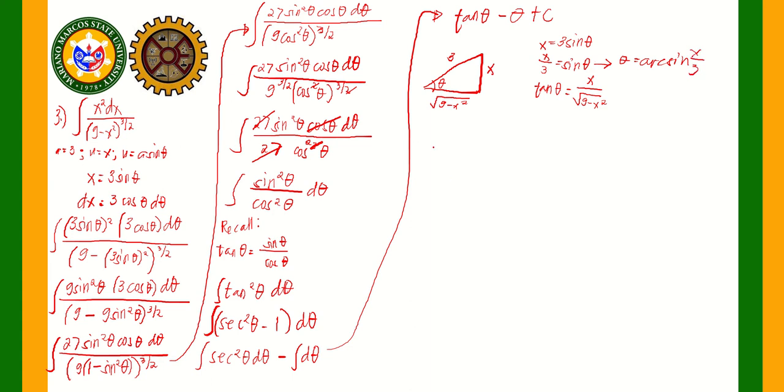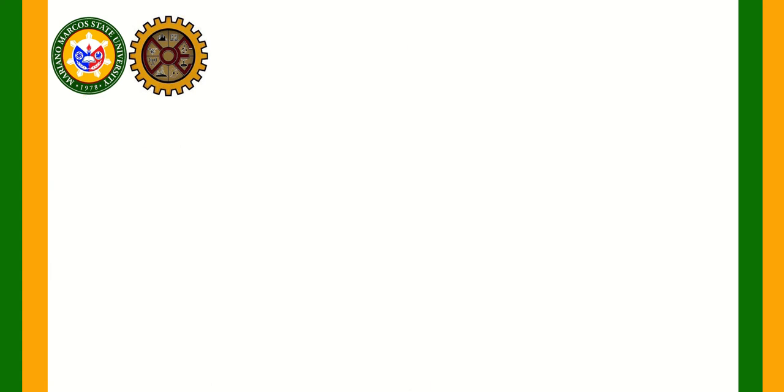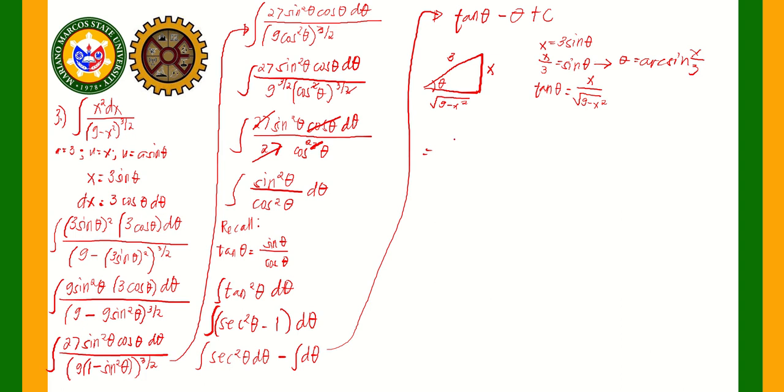Okay, so our final answer would be x over square root of 9 minus x squared minus arc sine x over 3 plus c. So this is our final answer for example number 3.